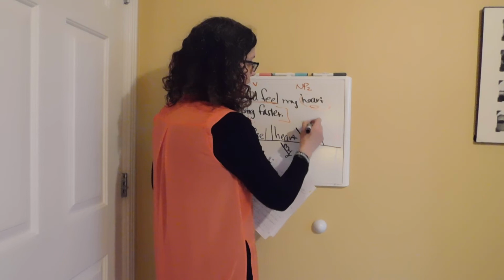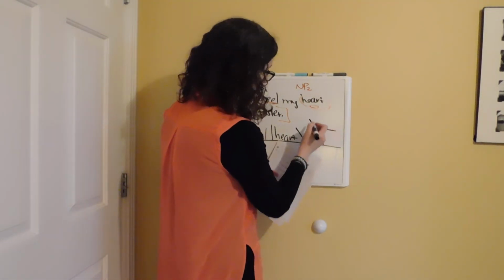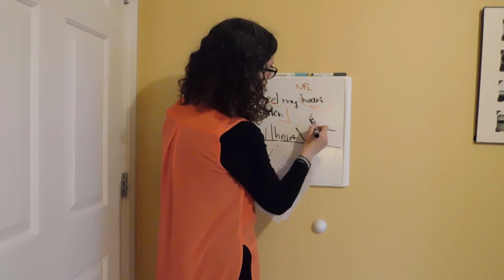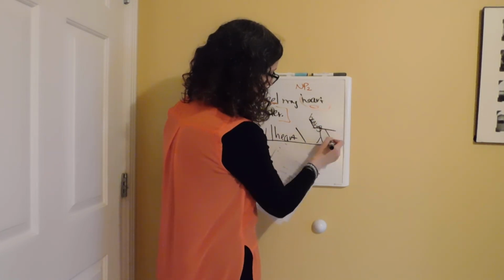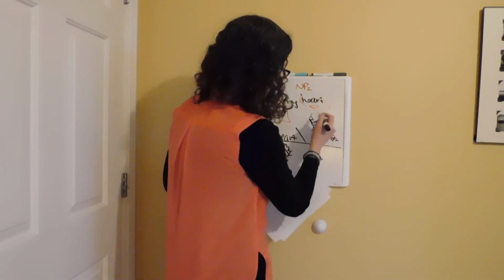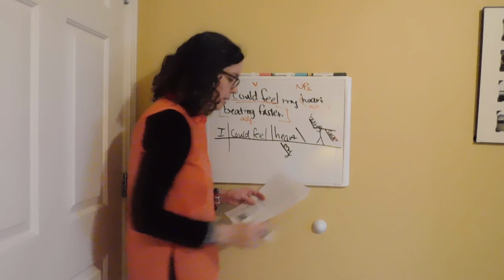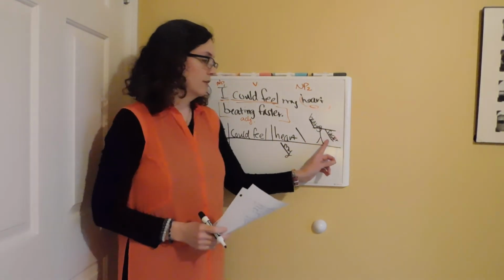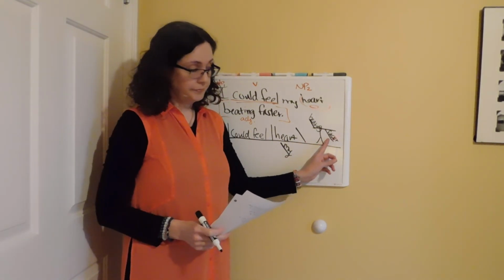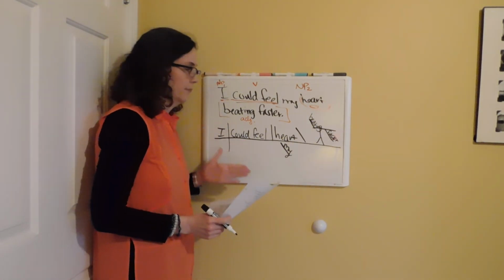So in order to get it on here, you're going to have to create a pedestal, okay? So this is beating faster. So you kind of need to push beating across the whole line there, being a participle, and then drop the faster under it. Alright, sentence pattern 9.